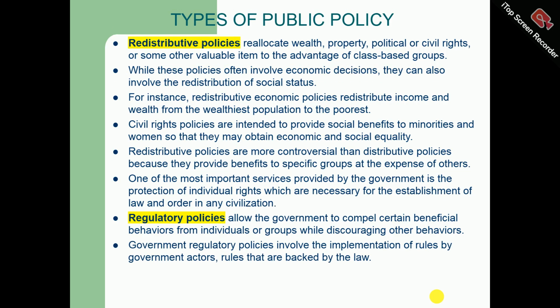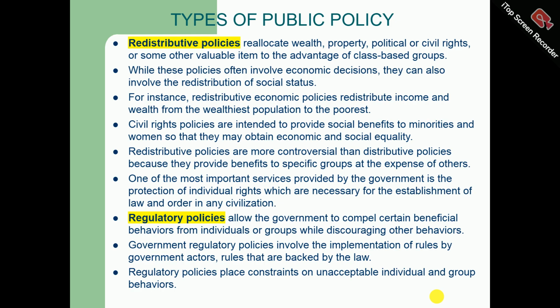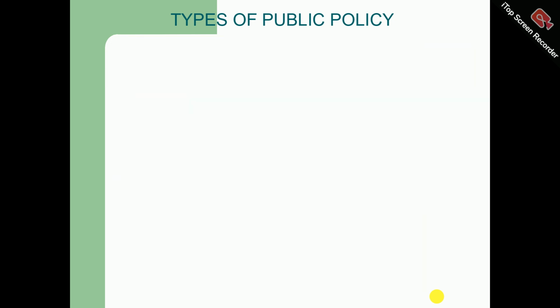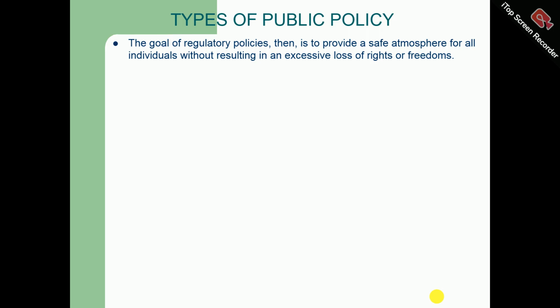Government regulatory policies involve the implementation of rules by government actors, rules that are backed by the law. These policies place constraints on unacceptable individual and group behaviors. The goal of regulatory policies then is to provide a safe atmosphere for all individuals without resulting in an excessive loss of rights or freedoms.